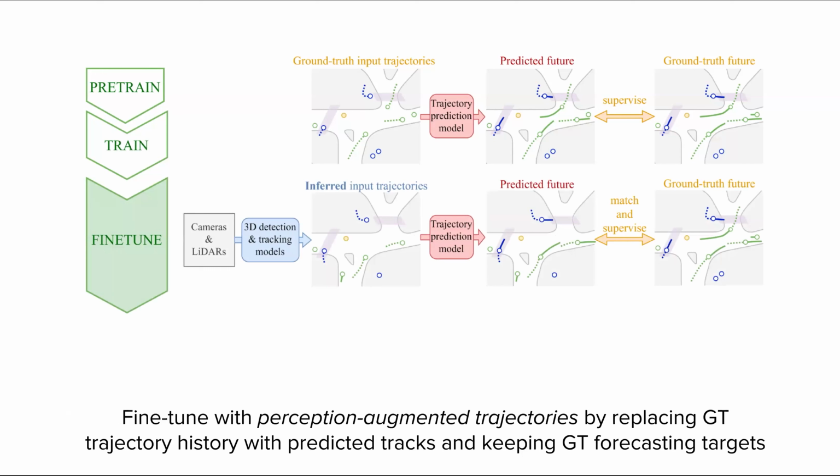Next, they fine-tune their model with perception augmented trajectories. And what this means is that they replace ground truth trajectory history with projected tracks. So this is meant to reduce the distribution gap between your perception outputs and your ground truth trajectory forecasting datasets. And they keep the ground truth forecasting targets.